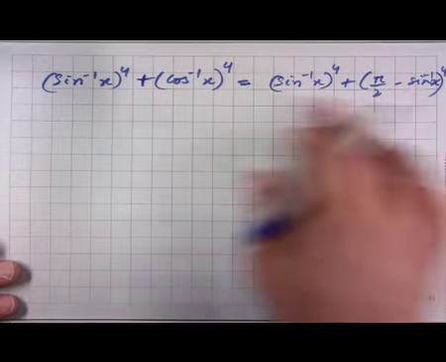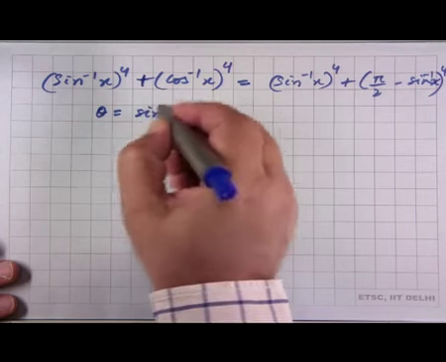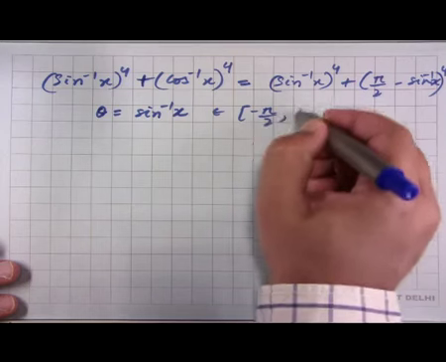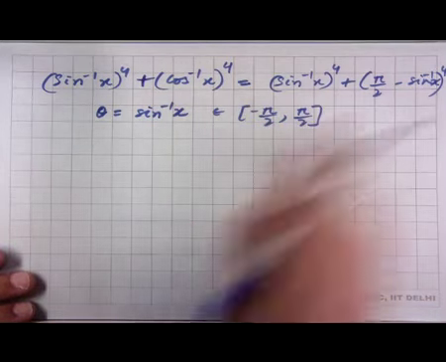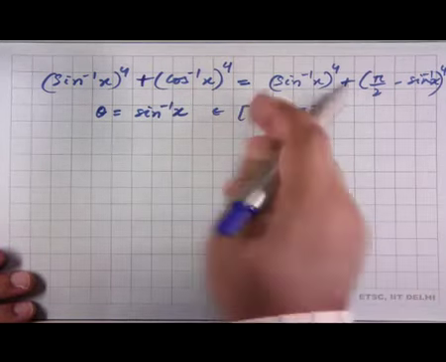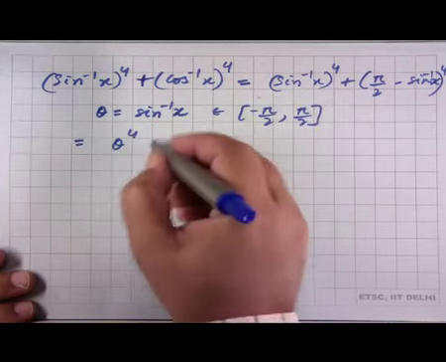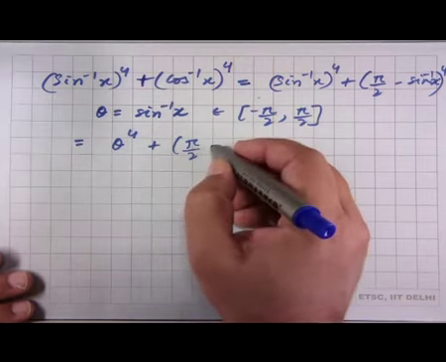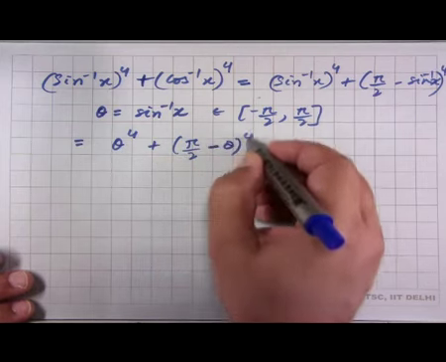And just to simplify this, let us say that theta is equal to sin inverse x, and of course theta has to belong to the interval minus pi by 2 to plus pi by 2, which is the range set of sin inverse, and then this entire expression becomes, in terms of theta, theta to the power 4 plus pi by 2 minus theta to the power 4.